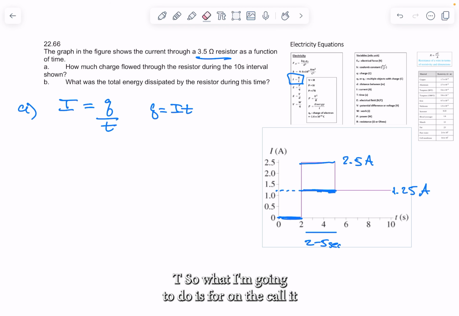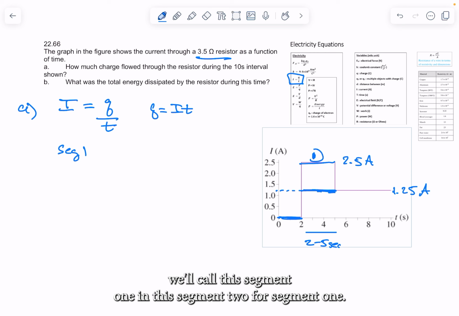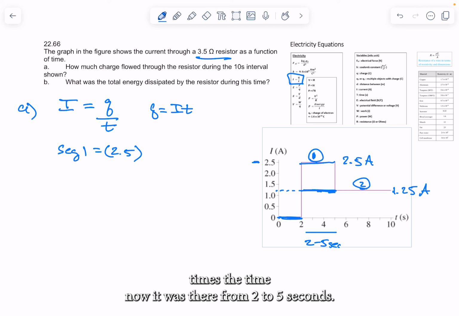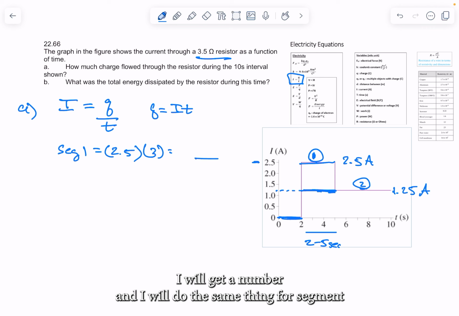So what I'm going to do is call this segment 1 and this segment 2. For segment 1, you would say Q equals the current, and what was the current? 2.5 times the time. Now, it was there from 2 to 5 seconds, so that's 3 seconds. I will get a number.